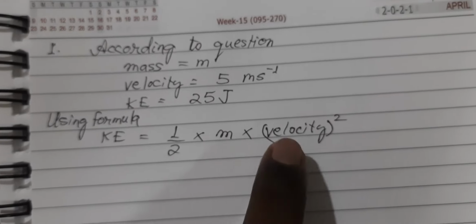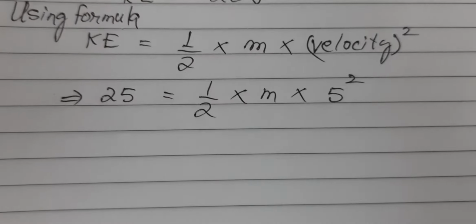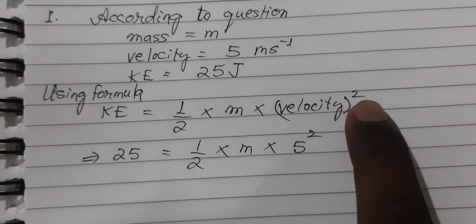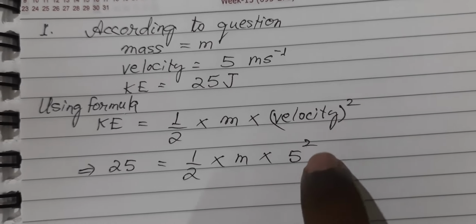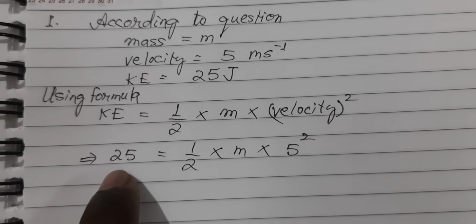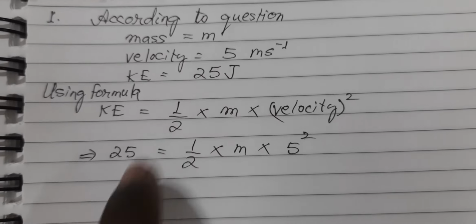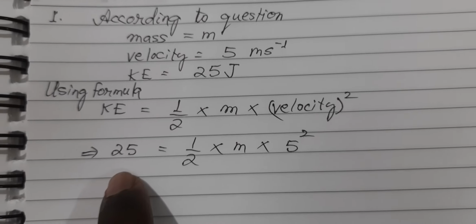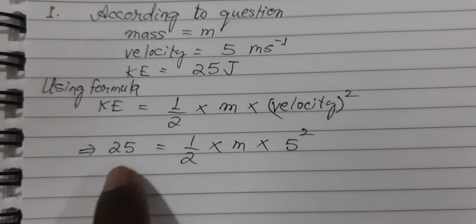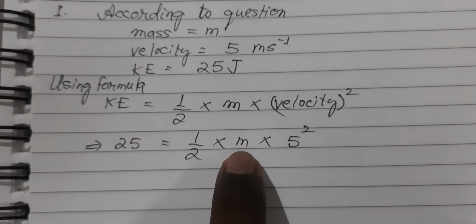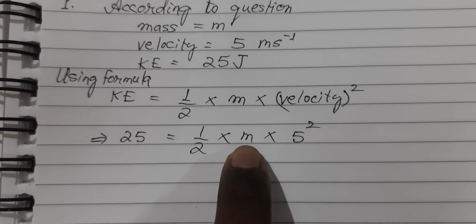Now what's the value of velocity? The value of velocity is 5, and since there is a square for velocity, 5 also will have a square. The value of kinetic energy is 25, so that value I have written over here. So this is like an algebra equation that we get over here. Now we will solve this one and find the value of m by using the algebraic method.